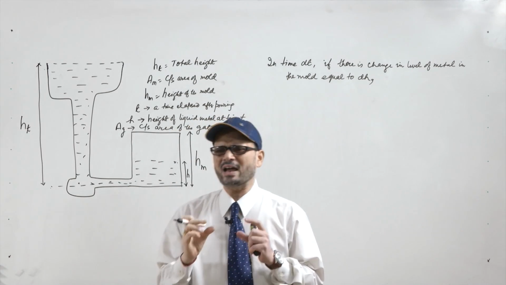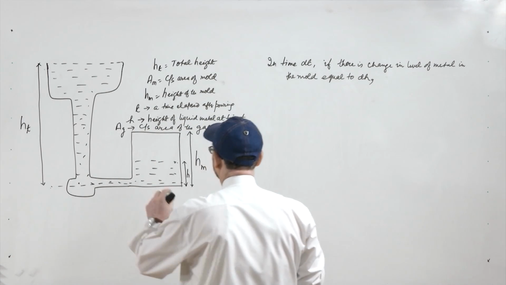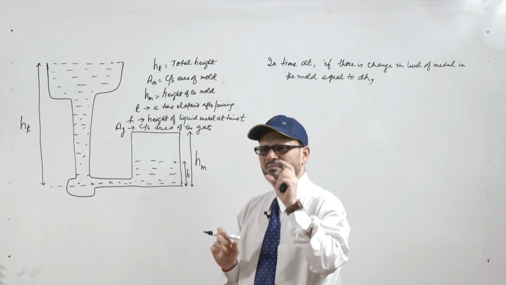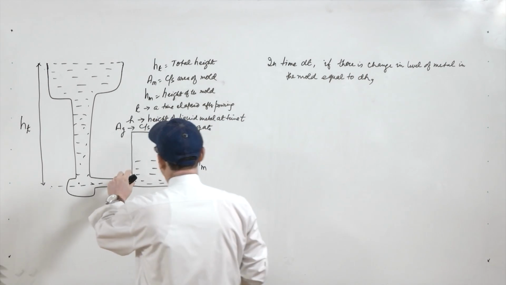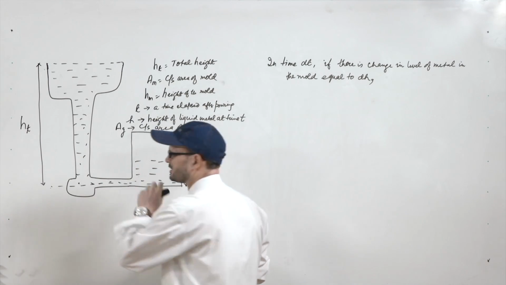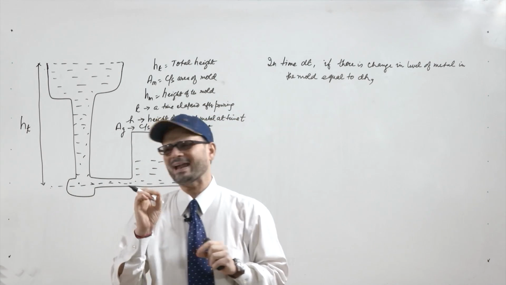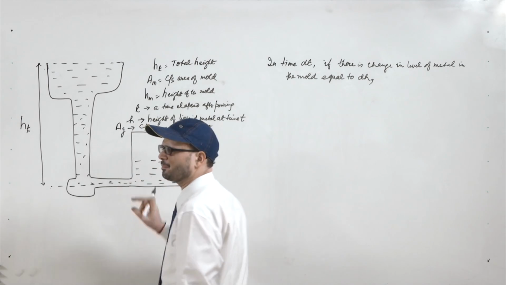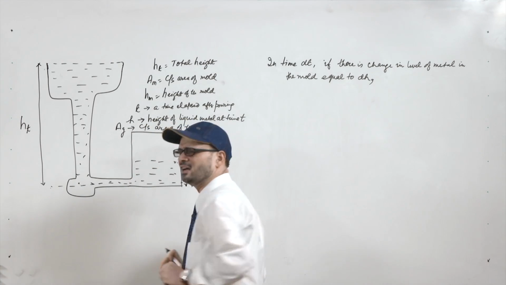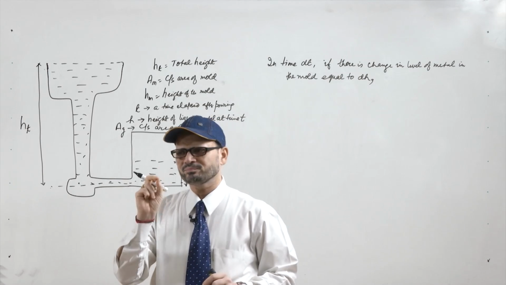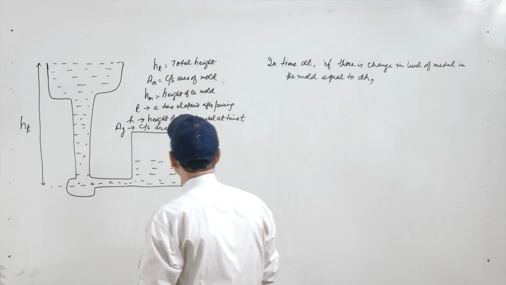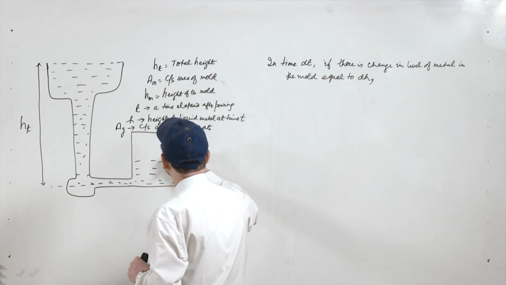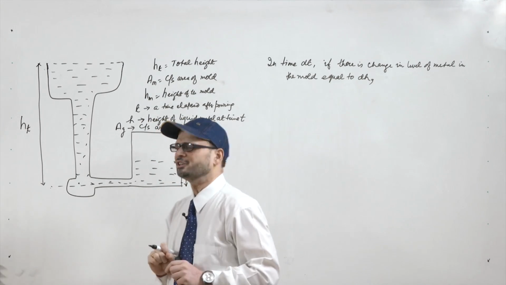So, the amount of metal which is supplied in time dt will be, if that is multiplied with the time dt, area of this gate multiplied by velocity of the gate multiplied by time dt, that should be equal to the volume of the metal which has risen in time dt.